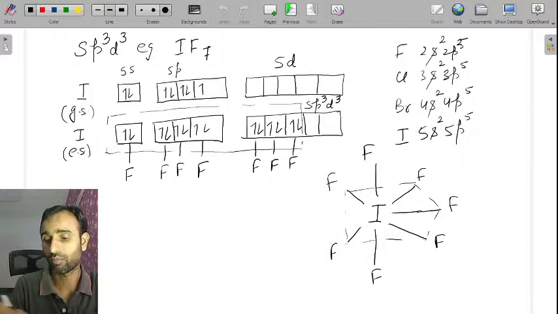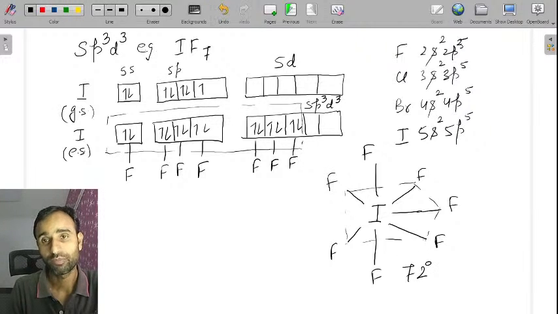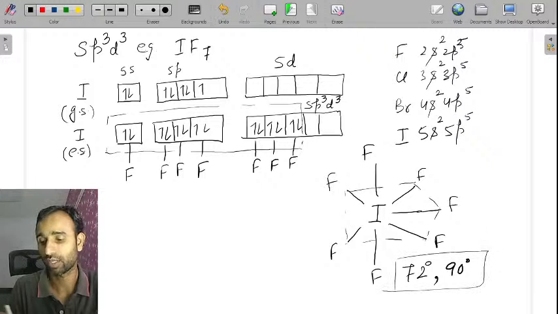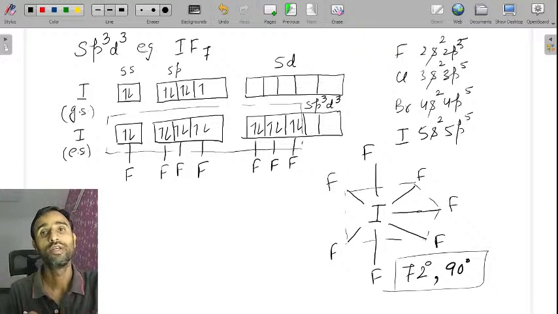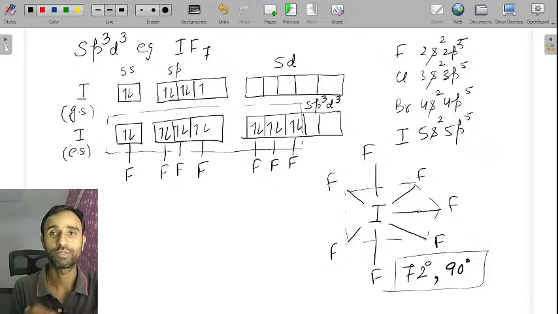Now in this case, tell me the angles. So the bonds which are in the same plane are at 72 degree and 90 degree. So there are two types of angle, that is 72 degree and 90 degree. And what is the shape of the molecule?